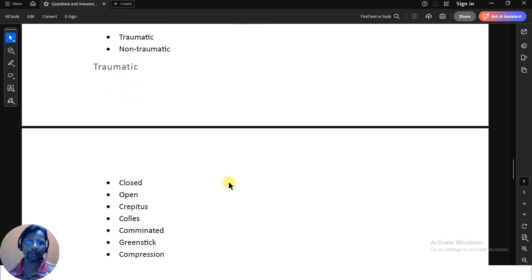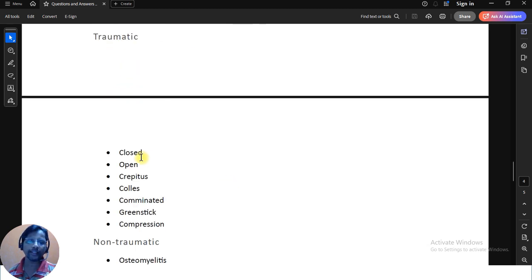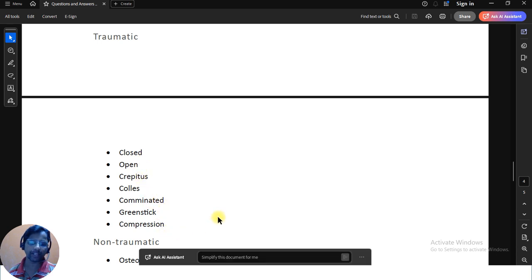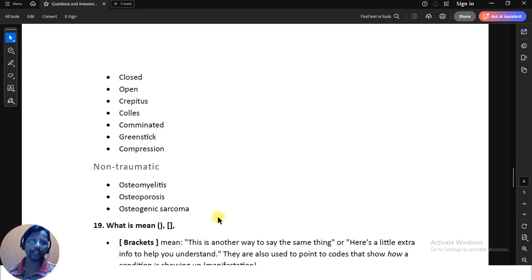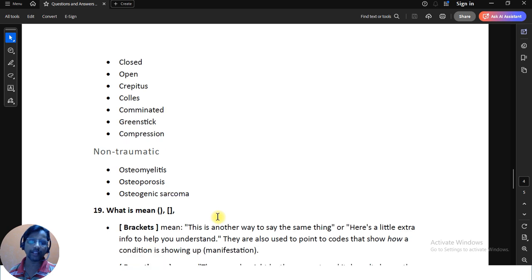Okay. The types of traumatic fracture are closed, open, crepitus, Colles, comminuted, greenstick, and compression fracture. So in the operative report or in the interview, if they ask you for a few examples of non-traumatic fracture, the reasons are osteomyelitis, osteoporosis, and osteogenic sarcoma.